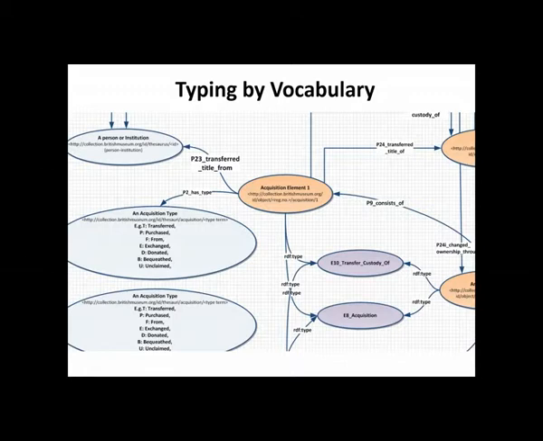So we still use all of those vocabularies, and you can still make use of all of your local vocabularies in this, but we harmonize on transfer title from, and we harmonize on the E number, the entity number, an acquisition or a transfer of custody. So it's those two things that allow us to do this semantic glue, semantic harmonization.